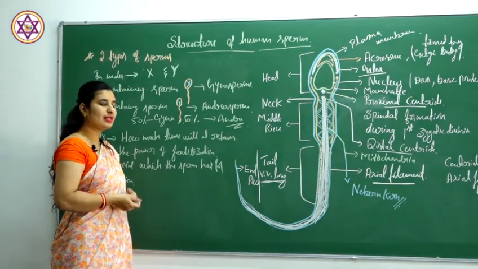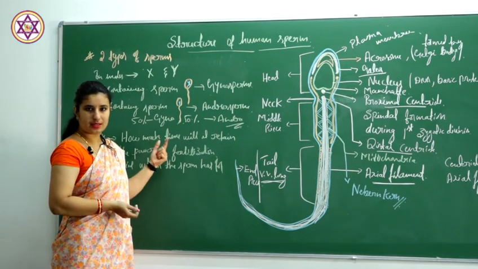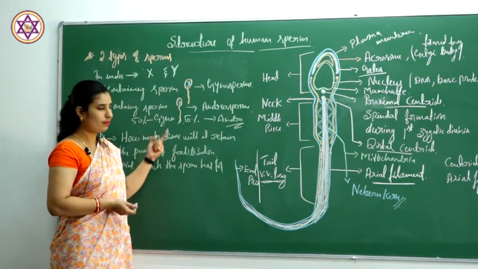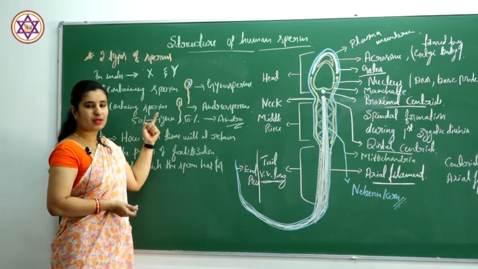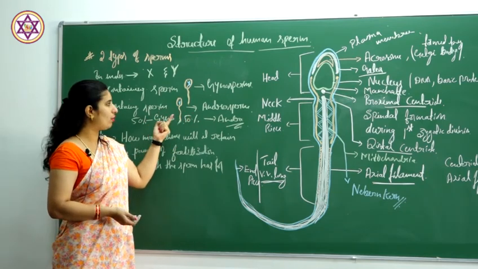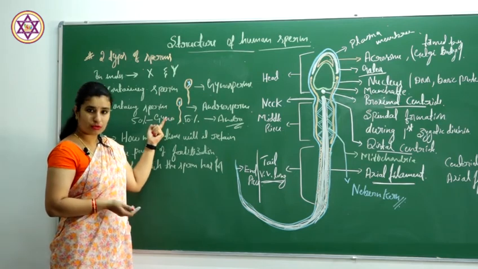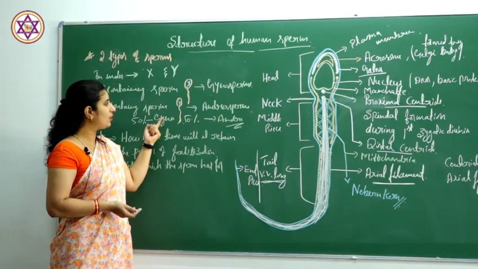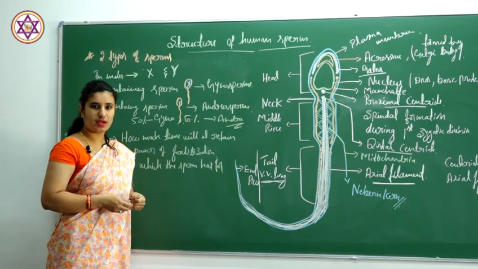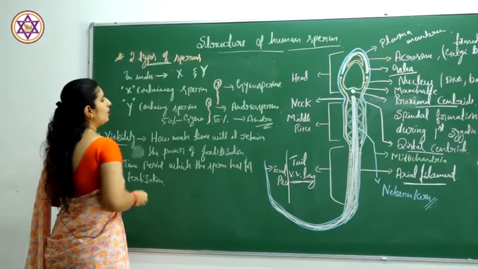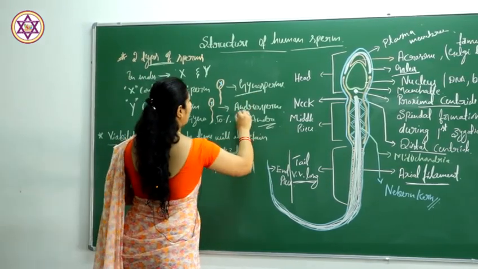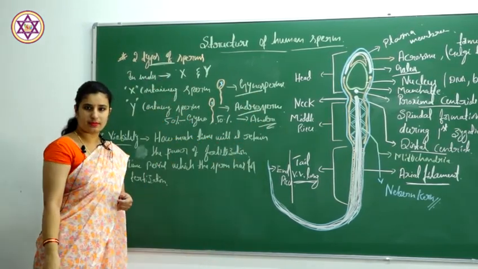The sex of the offspring mainly depends on whether the sperm contains the X or the Y chromosome that fertilizes the egg. So this is about the types of sperms: one is gynosperm and the other is androsperm.